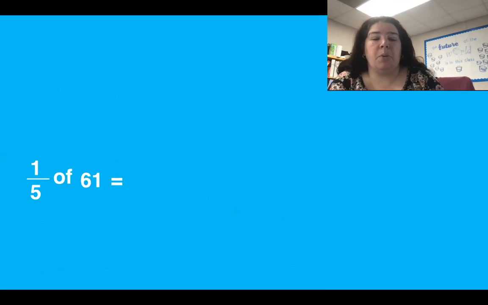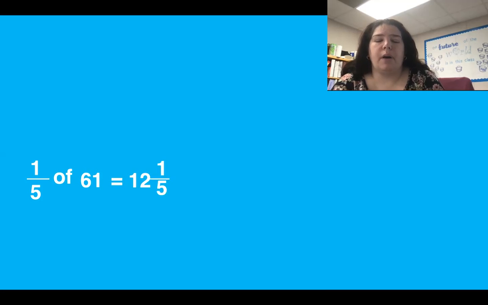1/5 of 61. Do you remember what you have to do on this problem? You need to divide 61 by 5. It's not going to come out evenly. 61 by 5, you get 12. 12 times 5 is 60. And how many is left over? 1. And what do we put as the denominator? 5.